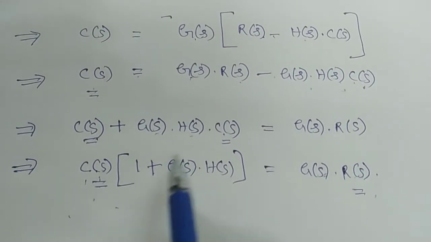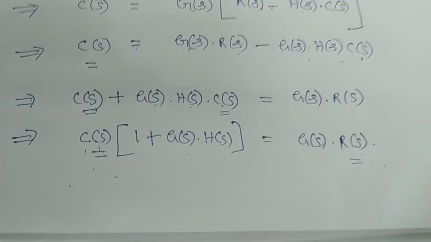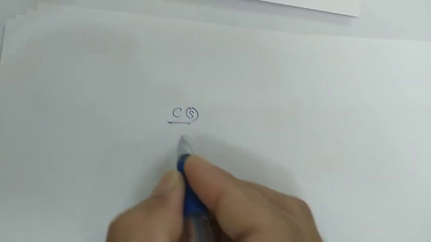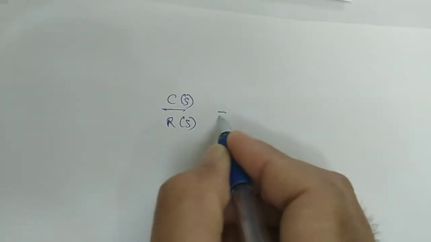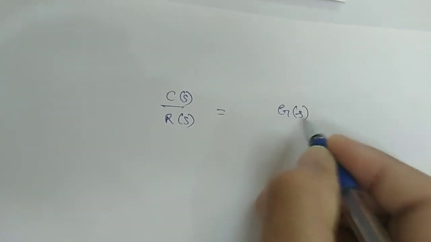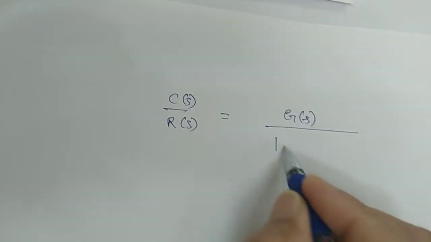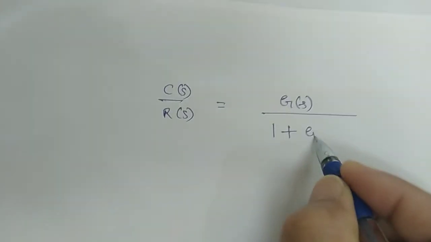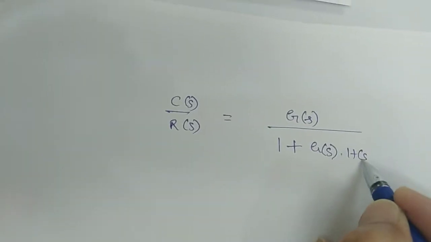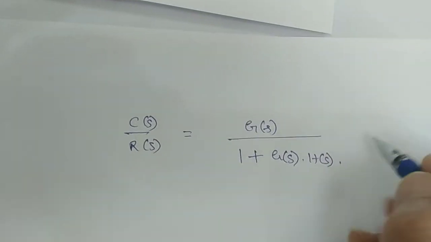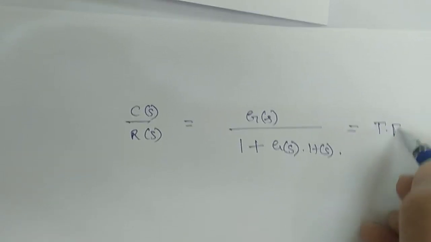So it becomes C(s) by R(s) is equal to G(s) by 1 plus G(s) into H(s). This is the relation, this is what your transfer function is.